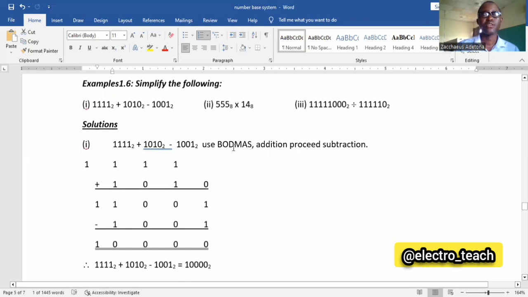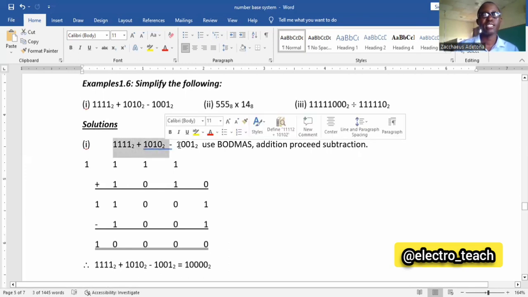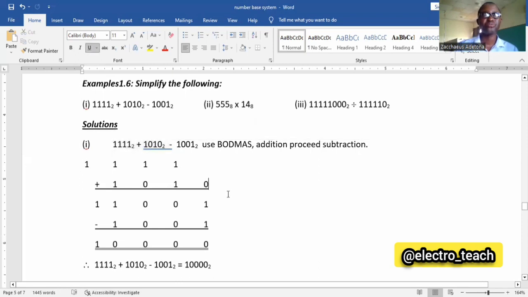So the one that comes first is what we are going to carry out first. Here, addition is coming before subtraction. So we need to add these two first, add them together in base 2 before we go ahead and then subtract the last one from them. So to add them in base 2, this is what we have. 1111 plus 1010.